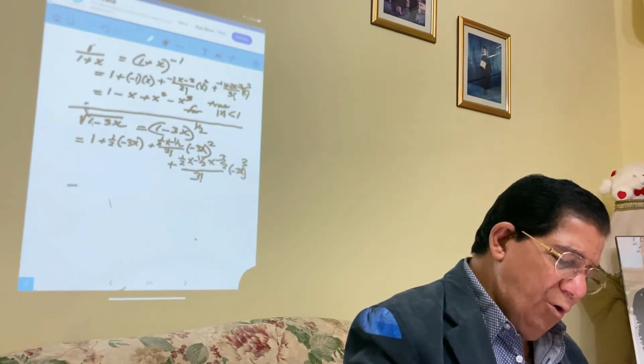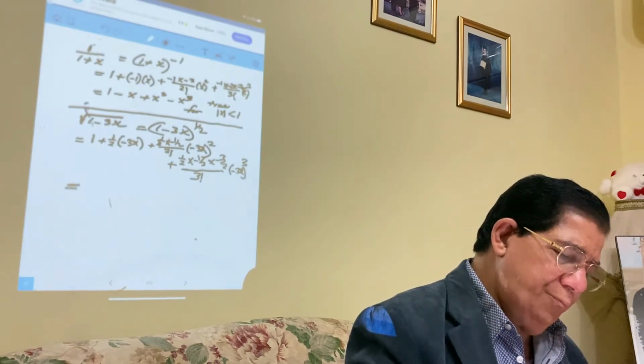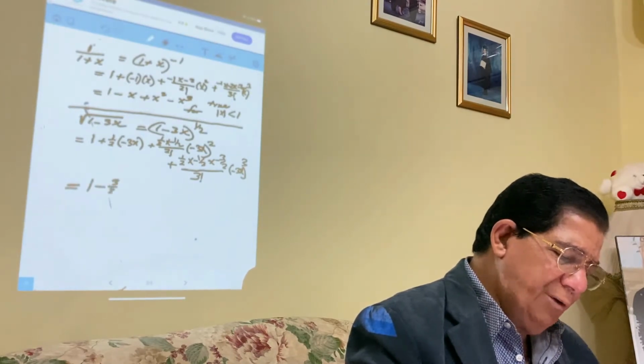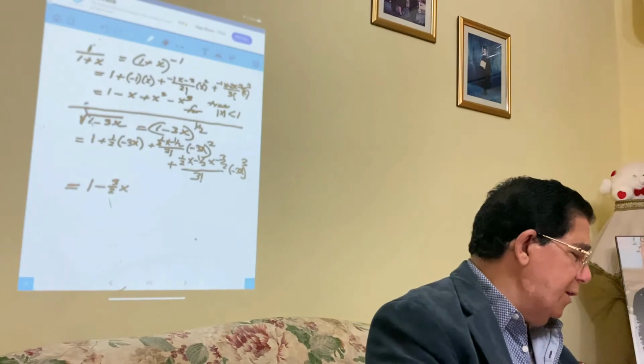As I said, we are always asked up to x cubed. 1 minus 3 over 2 x if we simplify the terms.